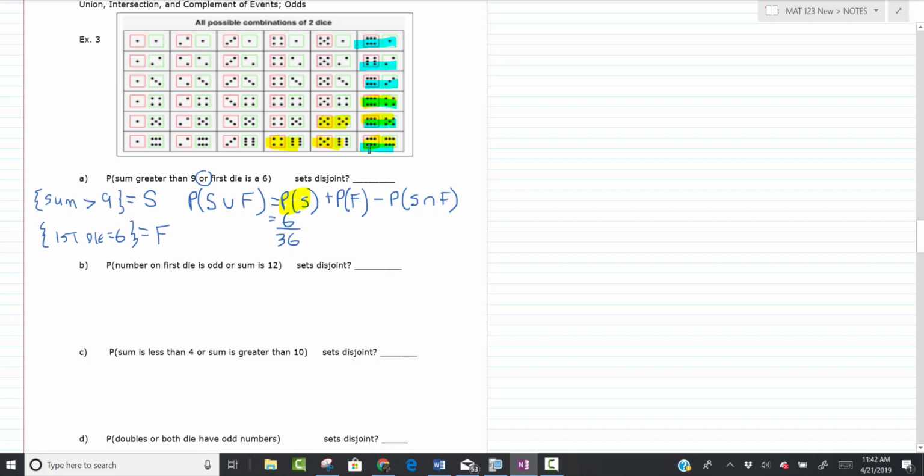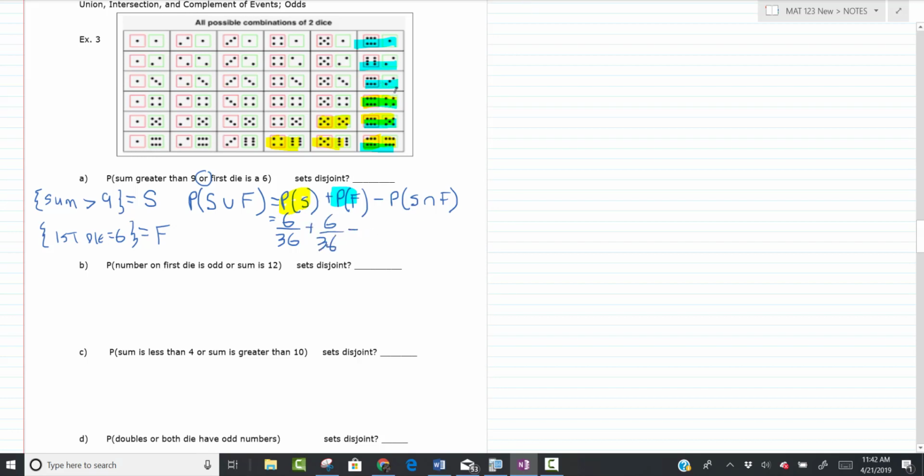Is there an intersection? Yeah, there's an intersection. See, the colors blended together right there, making a greenish color. So for the probability of the first die being a 6, there's 6 possibilities, so that would be 6 out of 36.